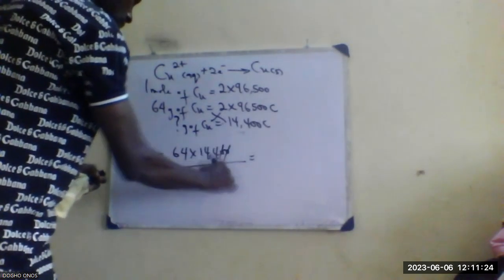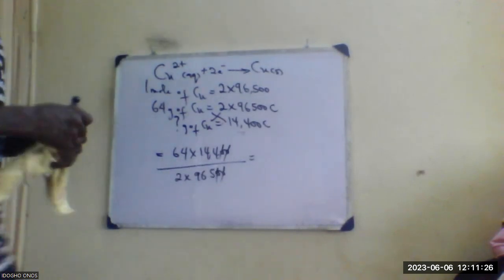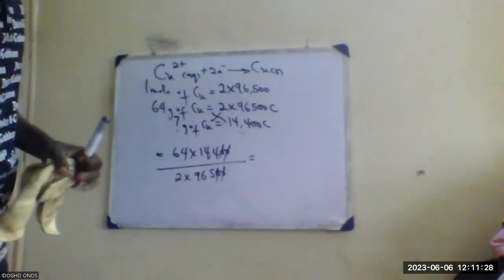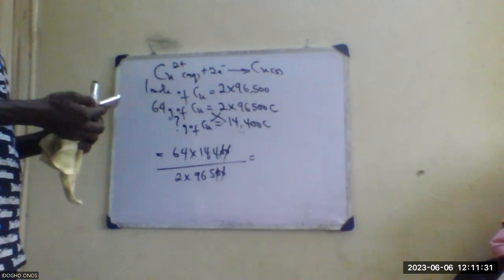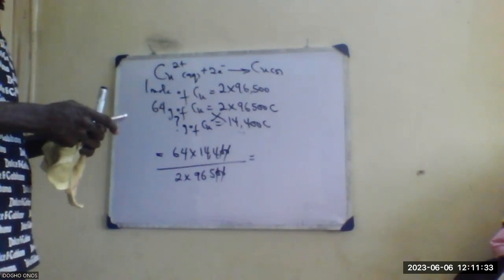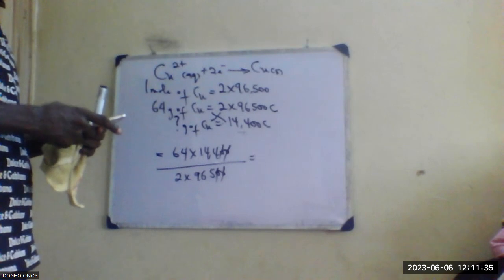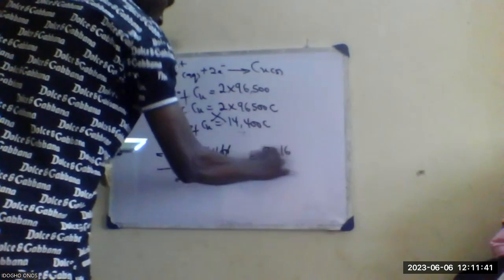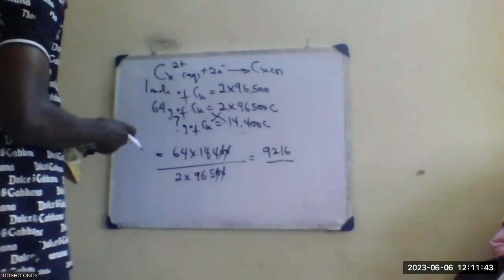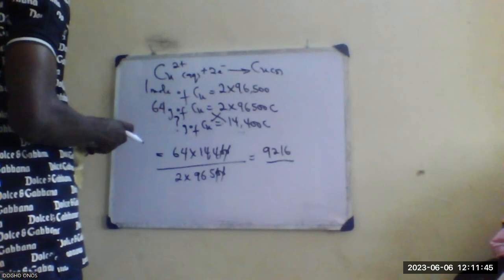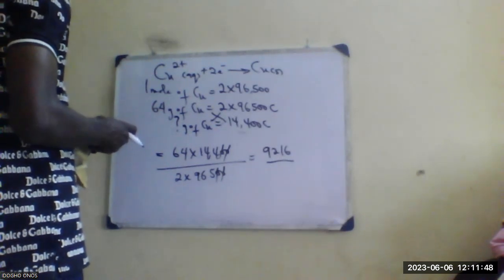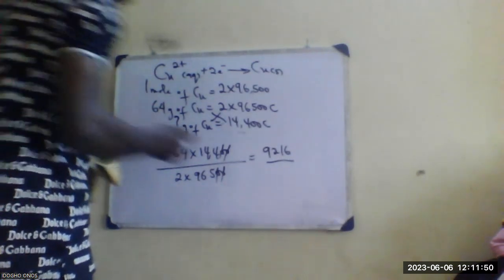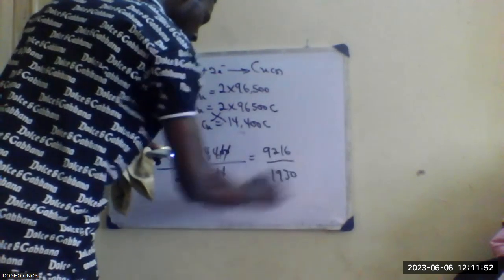So just cancel out this, cancel out this. And so that will be 64 times 144. 64 times 144 will give me 9216. So 9216 all over 2 times 965, 1930.